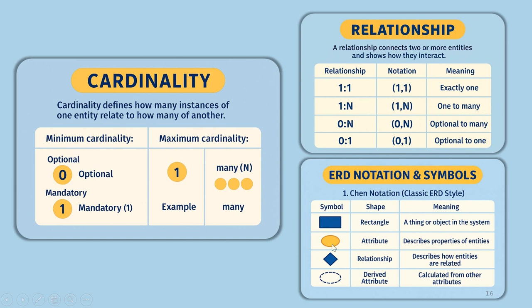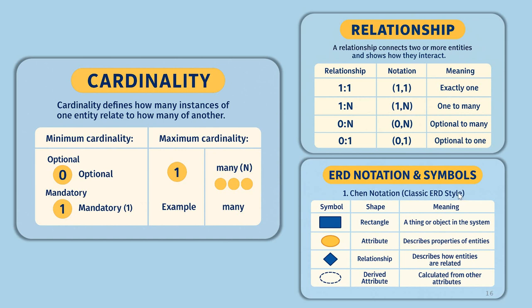And if you can see here, we have some shapes a little bit similar to the flowchart that we used already for the algorithms. But here we have other meanings. First one, the rectangle can be used to present an entity. We have other symbols, but these are the most important symbols.